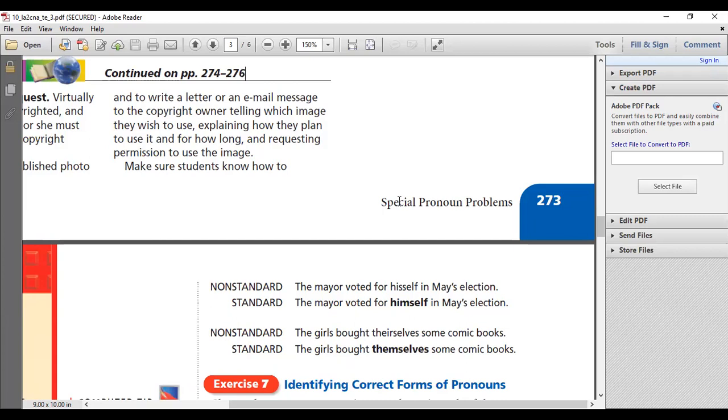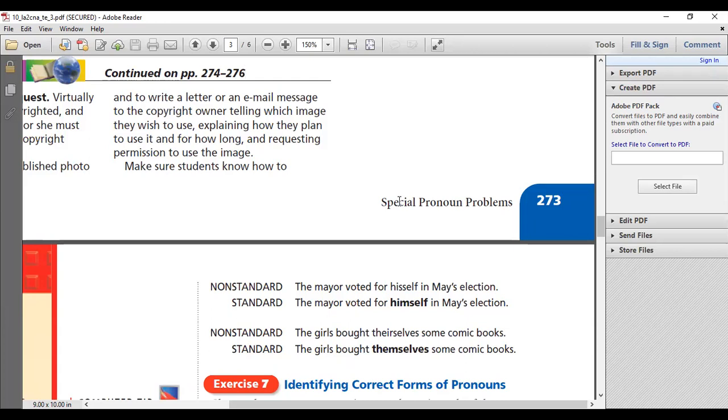You have an action verb, which is bought. What was bought? The comic books. Comic books is your direct object. You bought the comic books, and for whom? For themselves. So we need to use themselves here as an indirect object, and that would be grammatically correct.